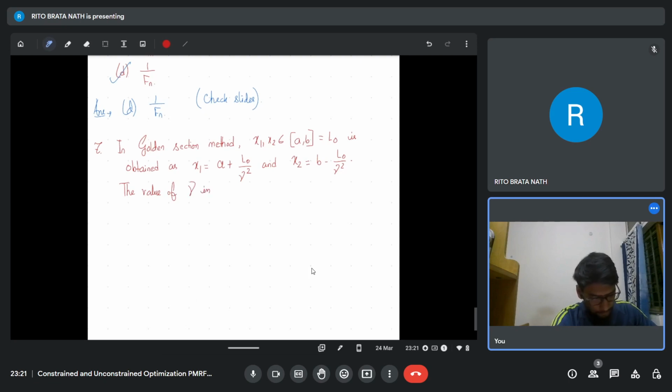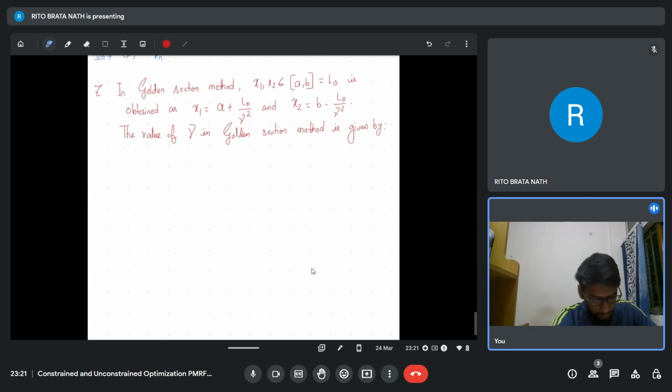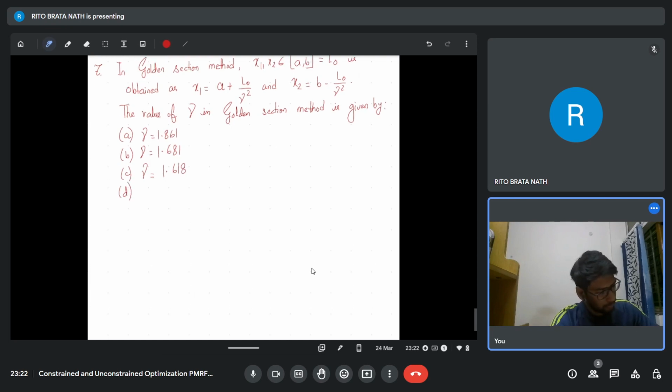In the golden section method, gamma is given by, okay, so the options are: A gamma equals 1.861, B is gamma equals 1.681, C is gamma equals 1.618. So you know that option C will be the correct one here.